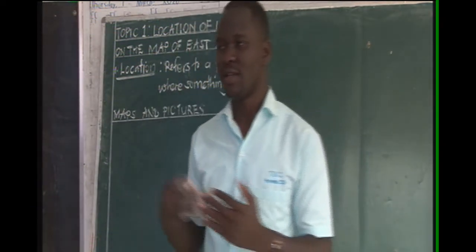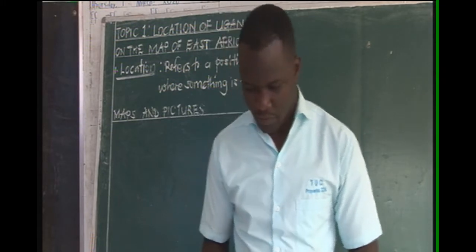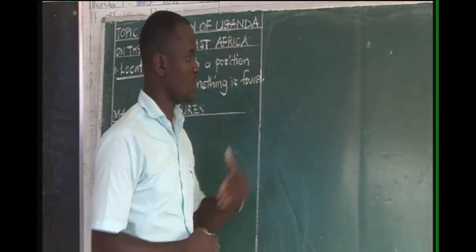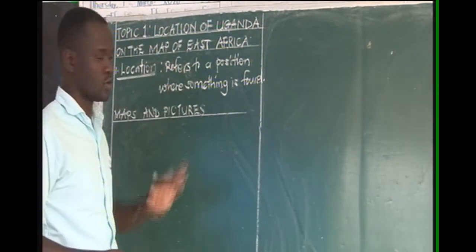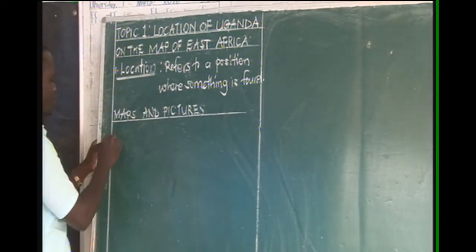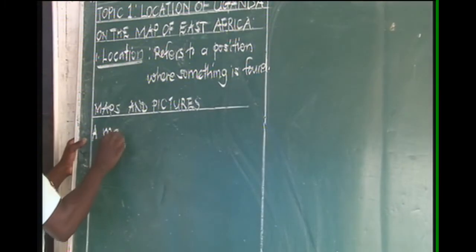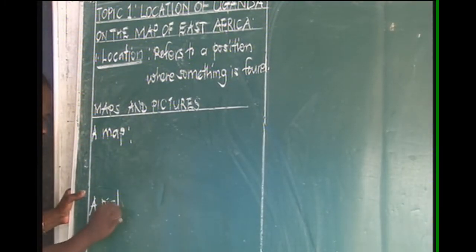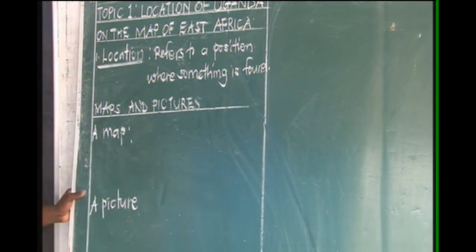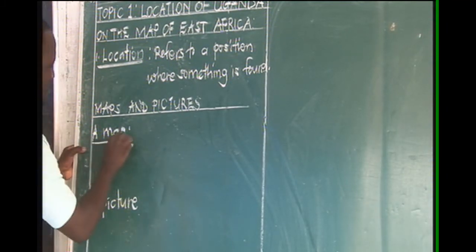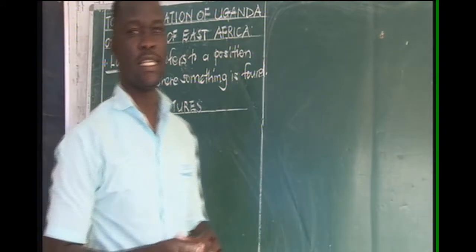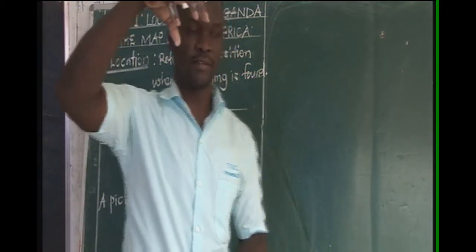We have ever defined them, but today we also just want to go through. This would be revision to you. Now here we have two. We have a map, and then we have a picture. Let's first understand the difference between the two terms. Now a map, we define it as a drawing of an object as seen from above.